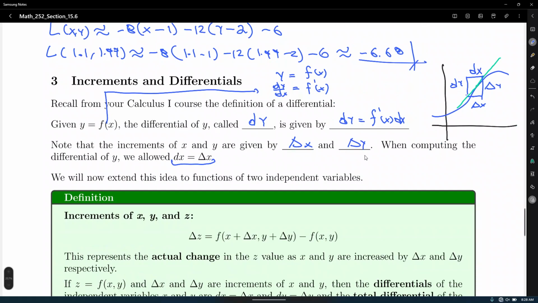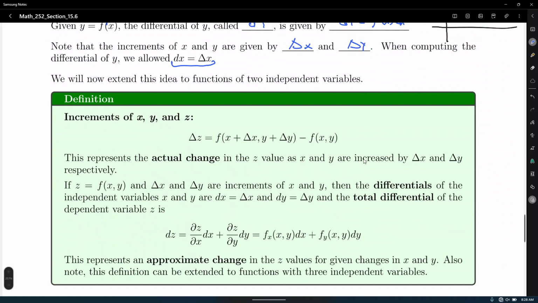Now, how do we do this with functions of multiple variables? Well, let's recall how we do this increment with functions of a single variable. We usually go delta y equals f of x plus delta x minus f of x. If we think of this as an application, for instance, when you are finding the volume of a sphere, one of the applications for derivatives is to look at increments.